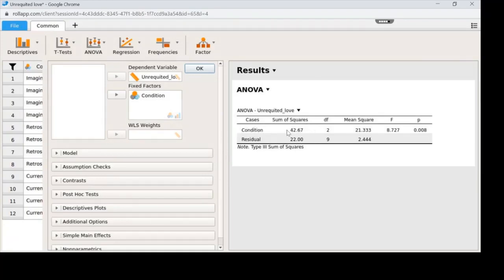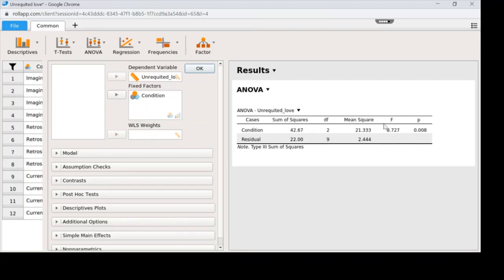So this is the sums of squares between divided by our degrees of freedom equals our mean squared between. Our sums of squares within, remember within was just this random error. Sometimes people call that residual or error. So our sums of squares within divided by our degrees of freedom within makes our mean squared within. Our mean squared between divided by our mean squared within equals our calculated F value.